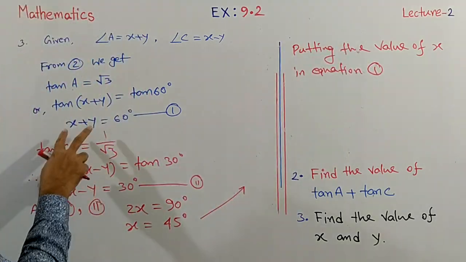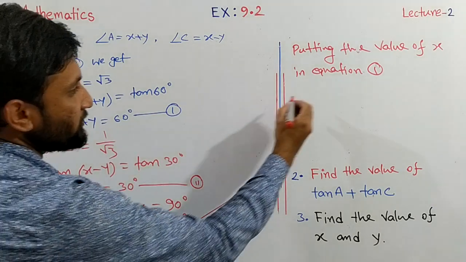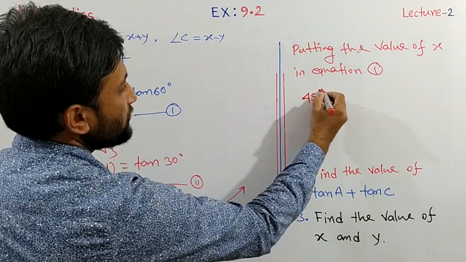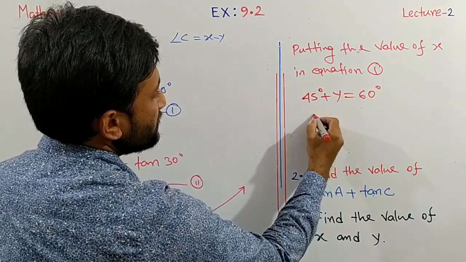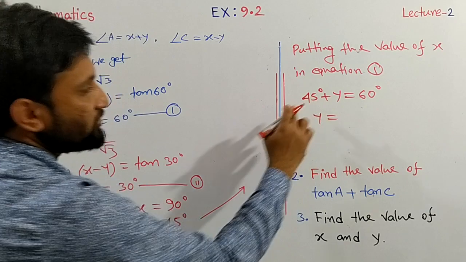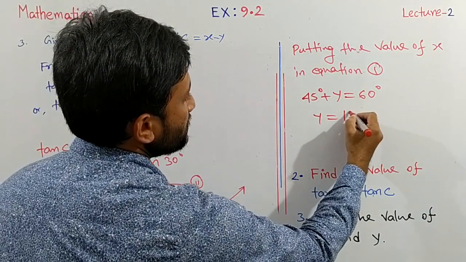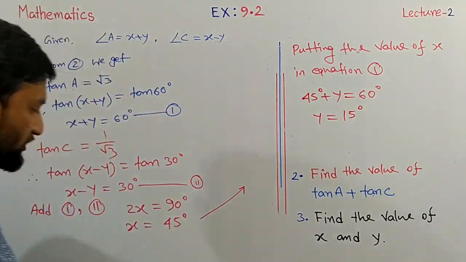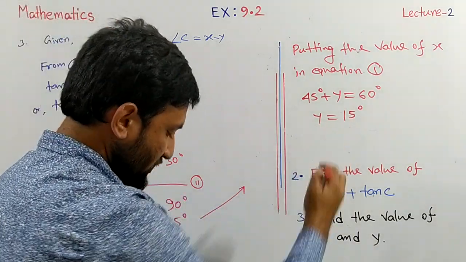So equation 1 is x plus y equals 60 degree. So value of x is 45 degree. So 45 degree plus y equals 60 degree. That means y equals 60 degree minus 45 degree, that means 15 degree. So the required solution is x equals 45 degree and y equals 15 degree.